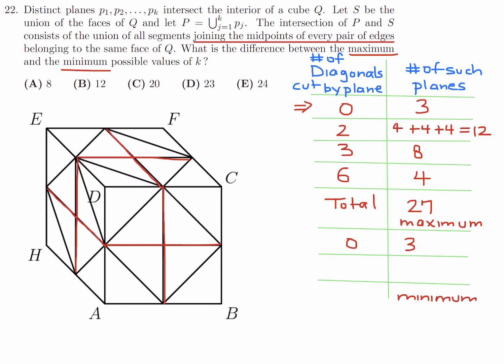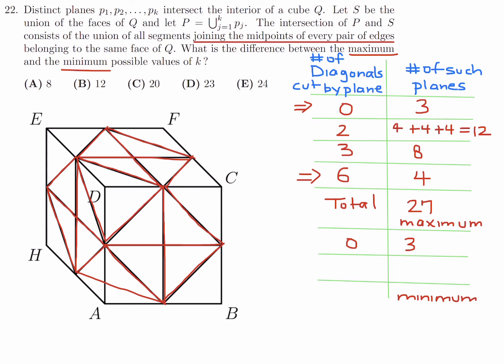Then, if I use these guys, I will be able to cover every other diagonal. Interestingly, you will see that. That cuts through everything. And then you'll see, it's hard to draw it all, because it's 3D and I cannot see 3 of the faces.